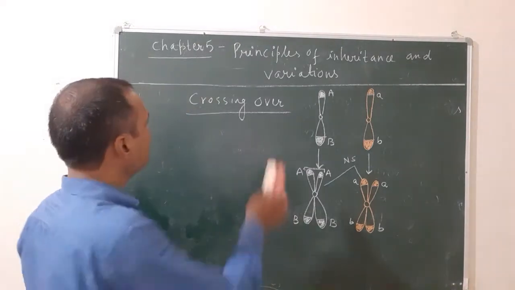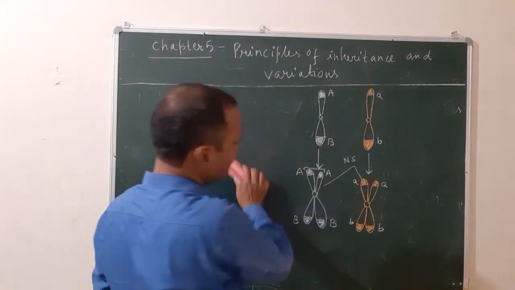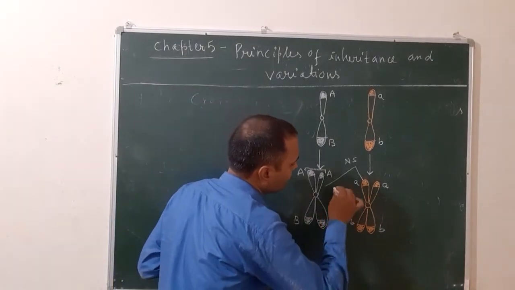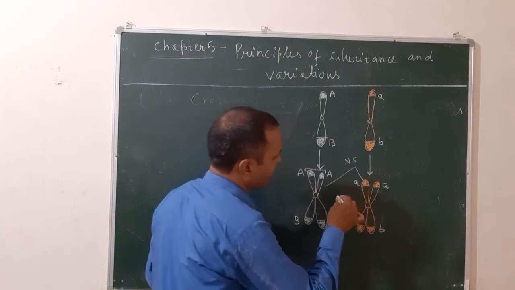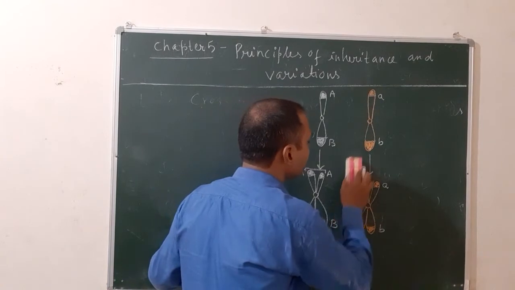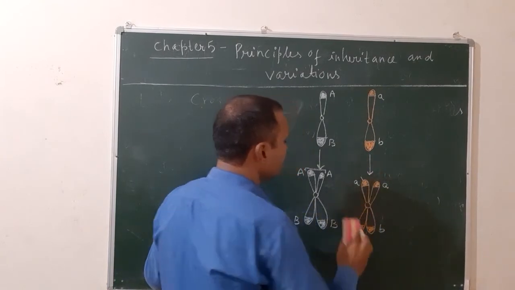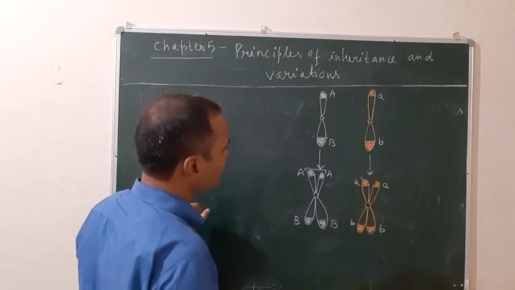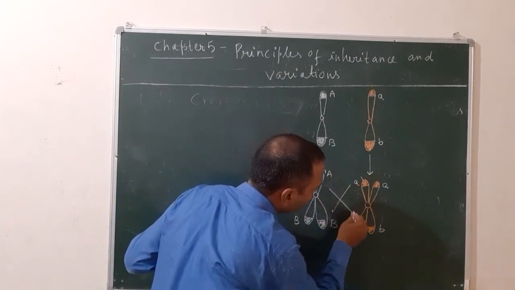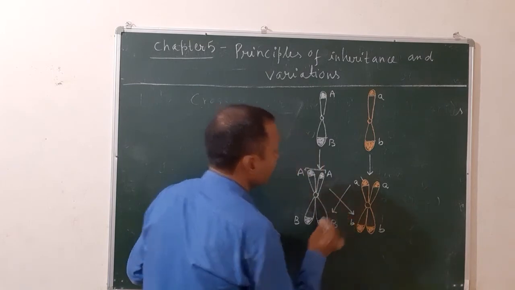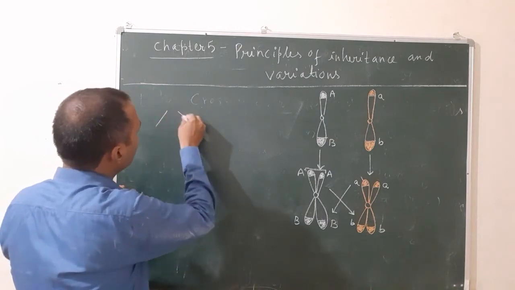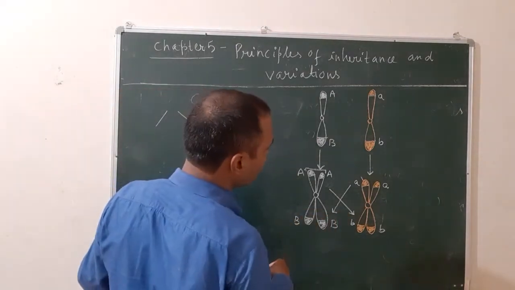Let us see the next step, exchange of genes. During crossing over, exchange of genes takes place between two non-sister chromatids, and after the exchange of genes, they separate from each other.